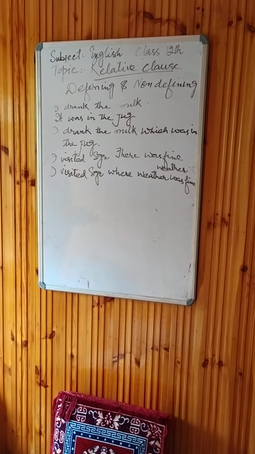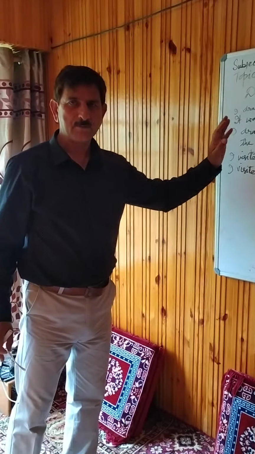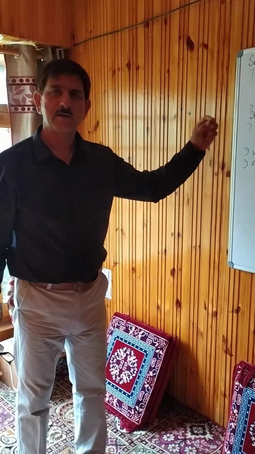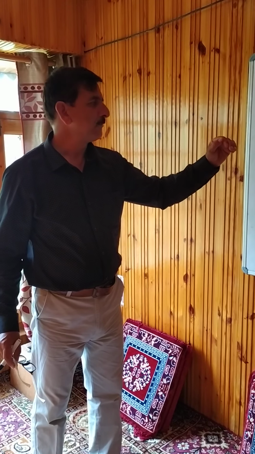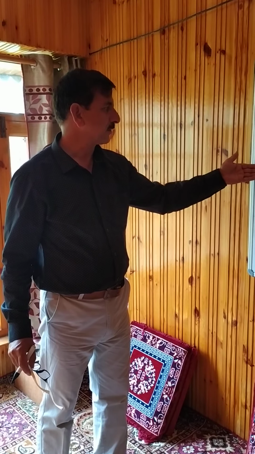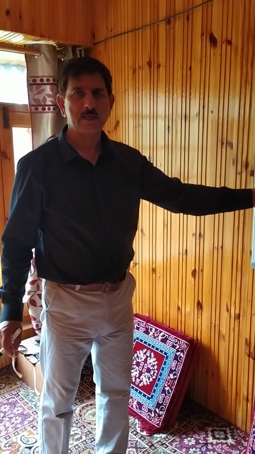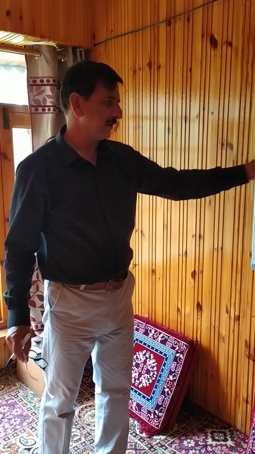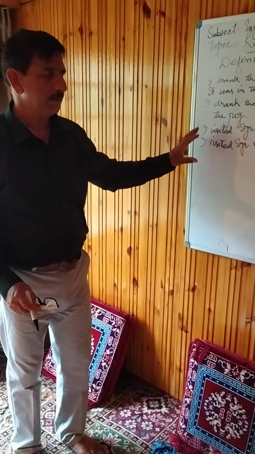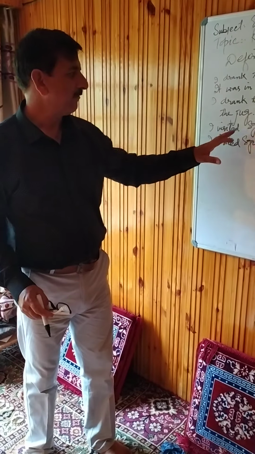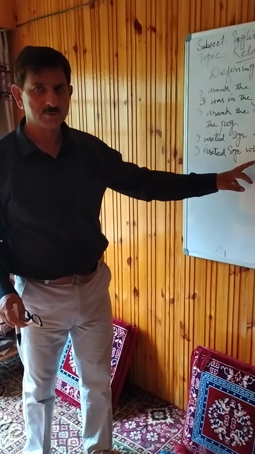So I have given examples about the subject, about a person as subject, and about a thing, milk, as an object. I also used it for the place, Srinagar, and for that we use the conjunction where.